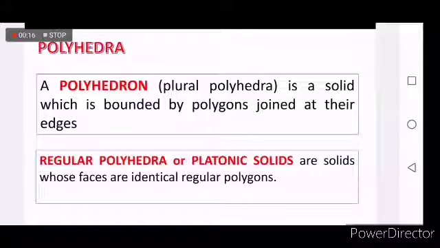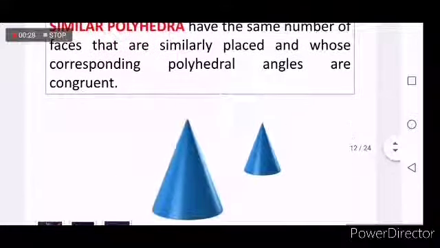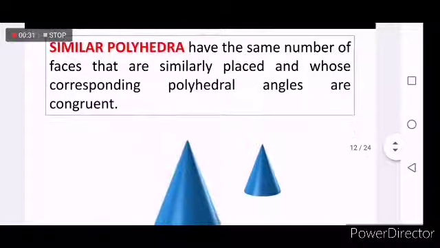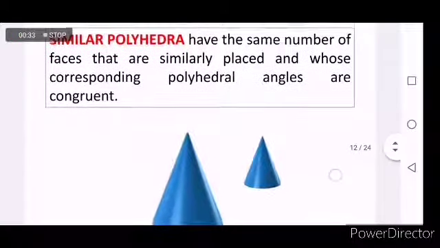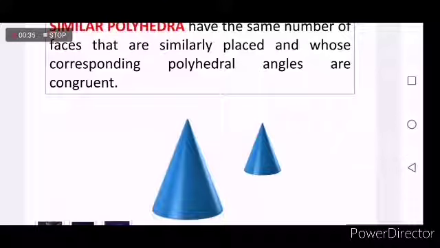At madalas, ito yung mga i-compute natin ng mga dimensions. Kasi kung mapapansin nyo, mas madali para sa atin i-compute kapag regular yung mga planes na nakapaligid dun sa mga solids na yon. And we call them polyhedron or polyhedra in plural. Similar polyhedra have the same number of faces that are similarly placed and whose corresponding polyhedral angles are congruent.